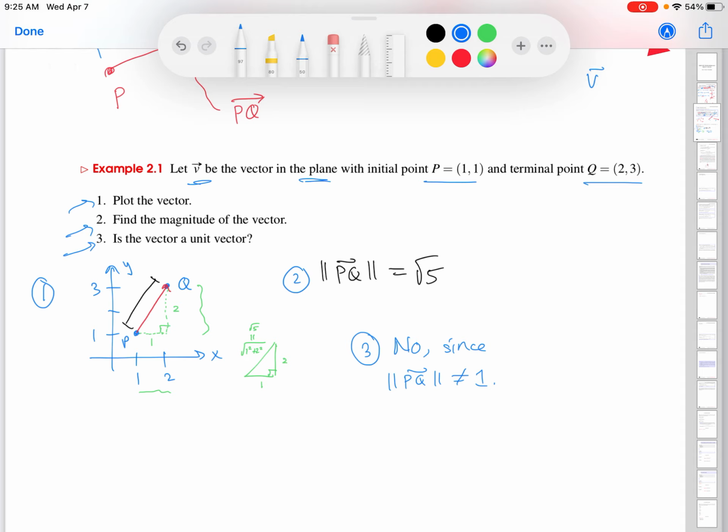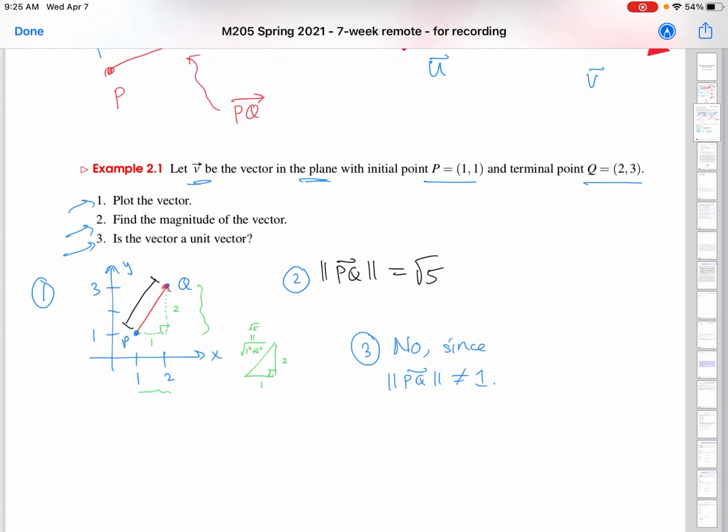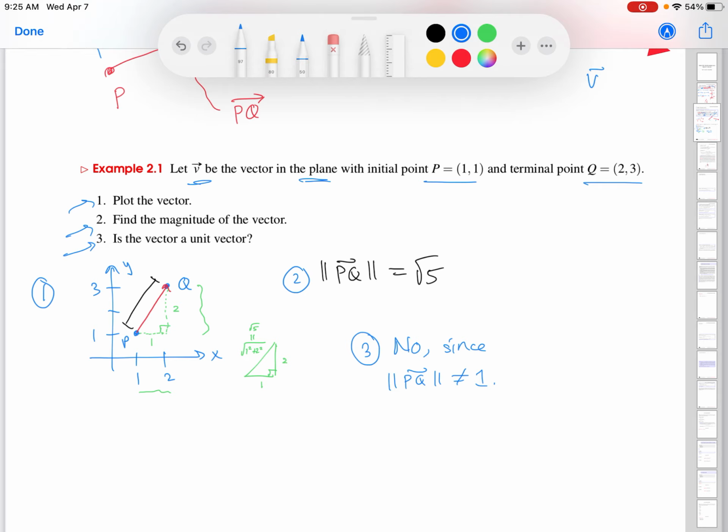But the other thing that I want to talk about with this example is what it teaches us about vectors. So we actually do learn something from this example if we think a little deeper into what's going on, and specifically what I just did over here with these lengths that led us to be able to calculate the vector's length.